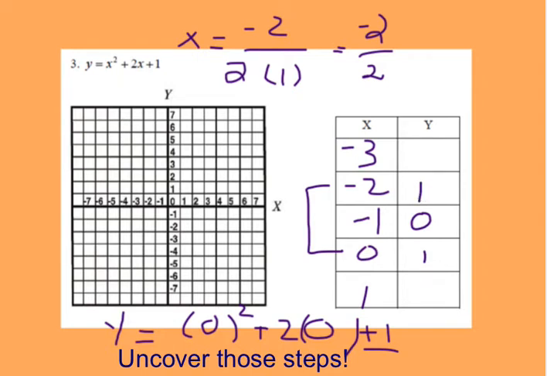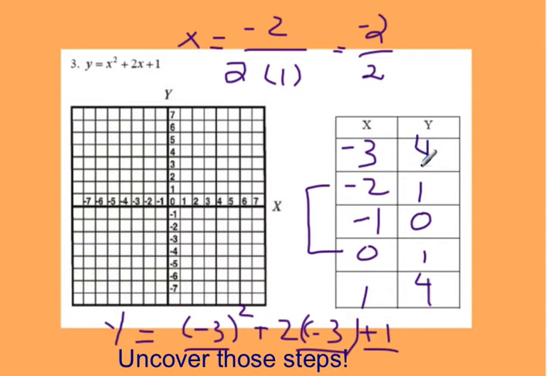Now we can do the same thing for 1 or negative 3. It doesn't matter which one you plug in as long as you stick to 1. So since I chose negative 3, notice that I put negative 3 in both spots. Okay, so I get negative 3 squared plus 2 times negative 3 plus 1. Now when I do that, I get 4. So that's going to be the value for both of those.